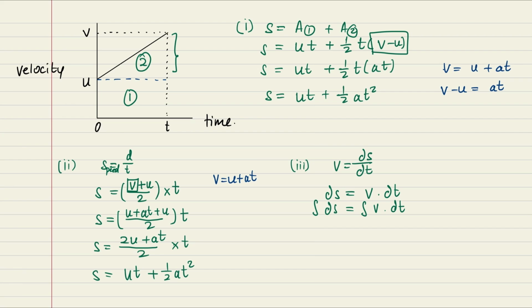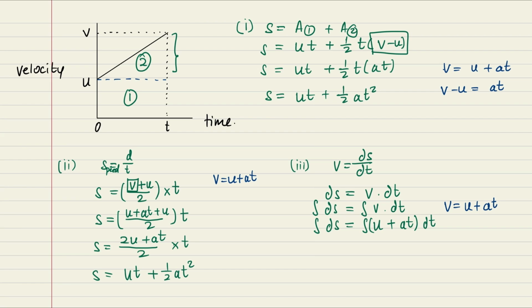Now again, from the first equation of motion, we know that v is equal to u plus at. So let's replace that. So the integral, or the change in the distance or displacement, is equal to the integral of u plus at dt.